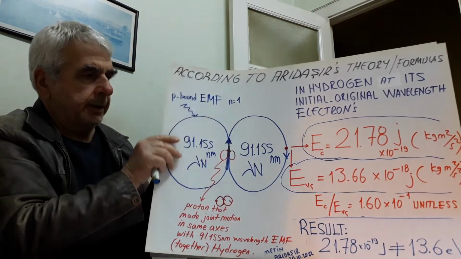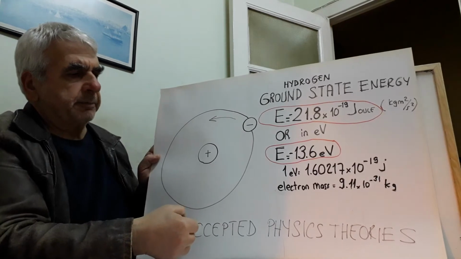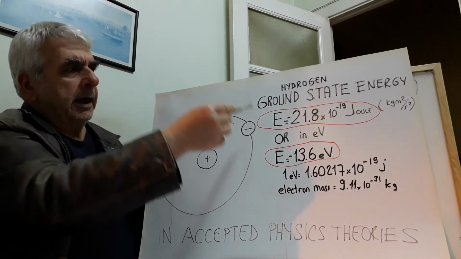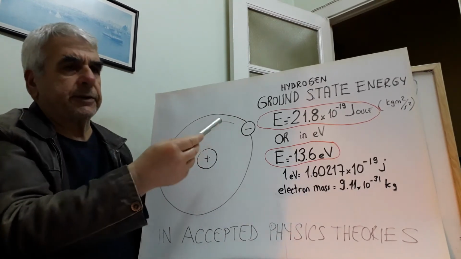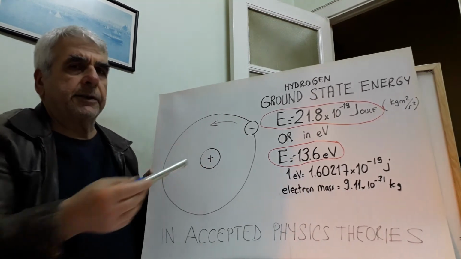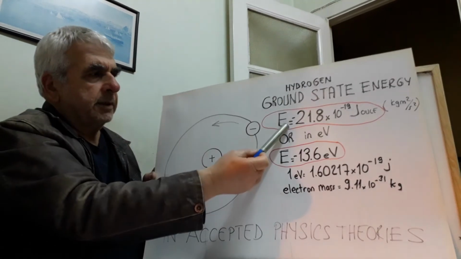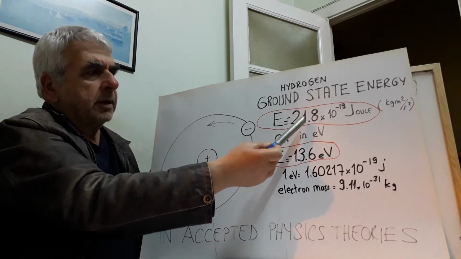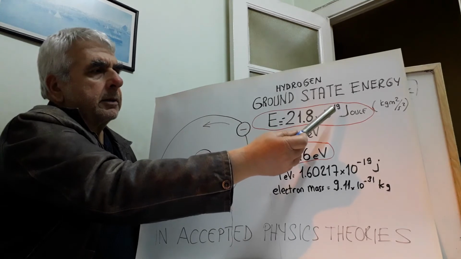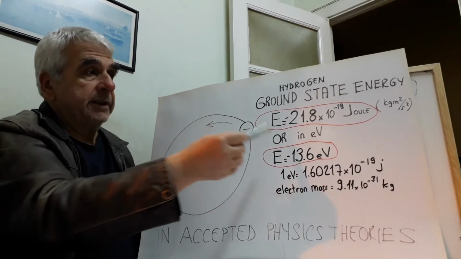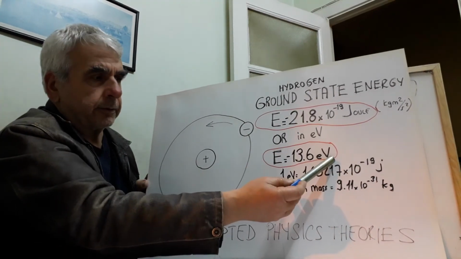Again. In accepted physics theories, hydrogen's ground state electron's energy, there is a single energy, E equal to 21.8 10⁻19 joule, or is equal to 13.6 electron volts.